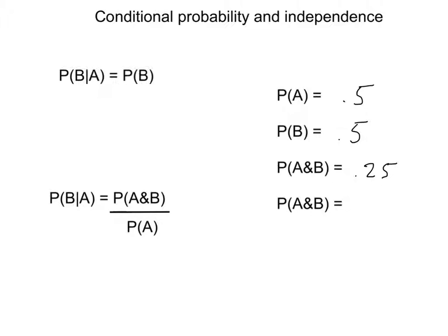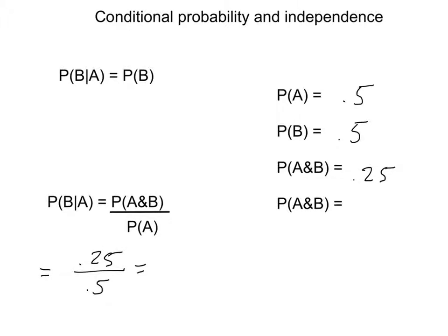So the probability of B given A equals probability of A and B divided by A. So this is going to equal 0.25 divided by A, which is 0.5, equals, so this is going to equal 0.5.